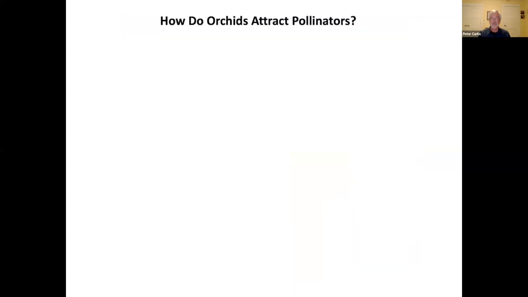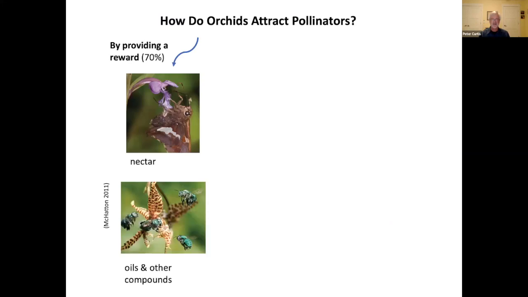But let me start with a little brief overview about how orchids attract pollinators. Of course, these are necessary for the persistence of the species. So most orchids, maybe 70%, it's a huge family, tens of thousands of species, most of them in the tropics, and most of them provide a reward to attract a pollinator. And that's sort of the standard way that we think about plant pollinator interactions.